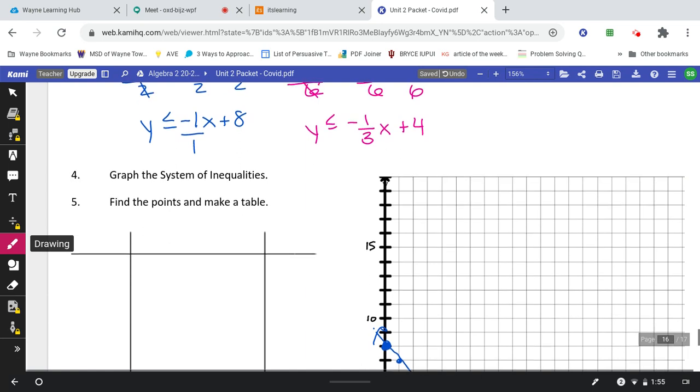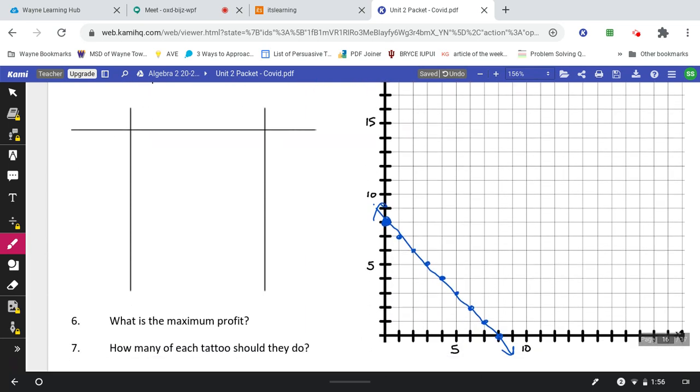Same thing with a pink line, up 4, and down 1 and over 3, down 1 over 3. And of course, you have your 2 0 lines, so just straight down the y-axis and straight across the x-axis.